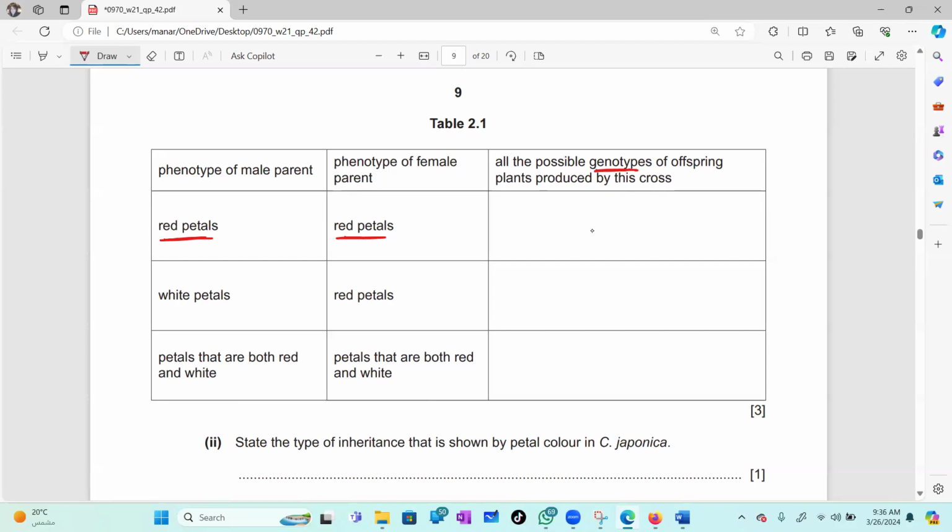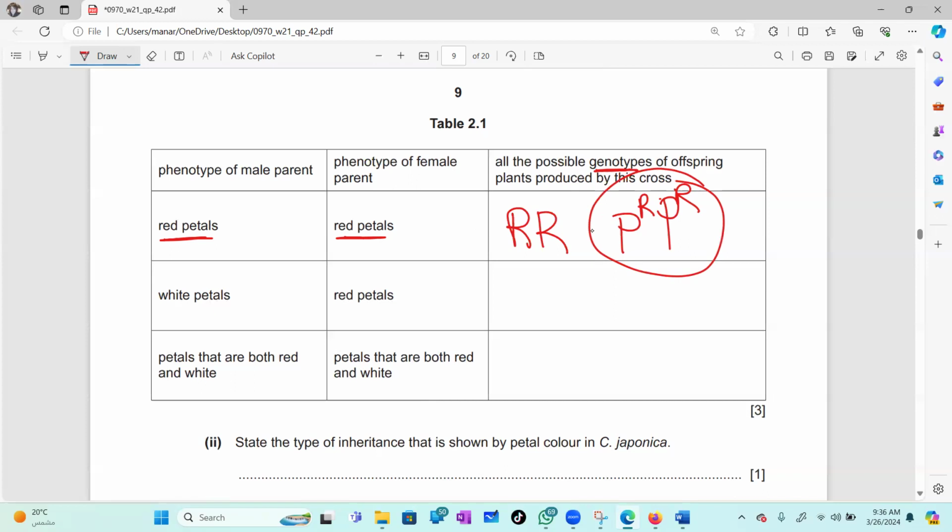So what's the genotype of the parent? R capital. Yes. Only one R capital? Is the genotype only one allele? No, two. Yes. Two. So you can either write it like this, which was accepted, or the gene P with R above, that would be better, P with R above. So both parents were homozygous dominant.